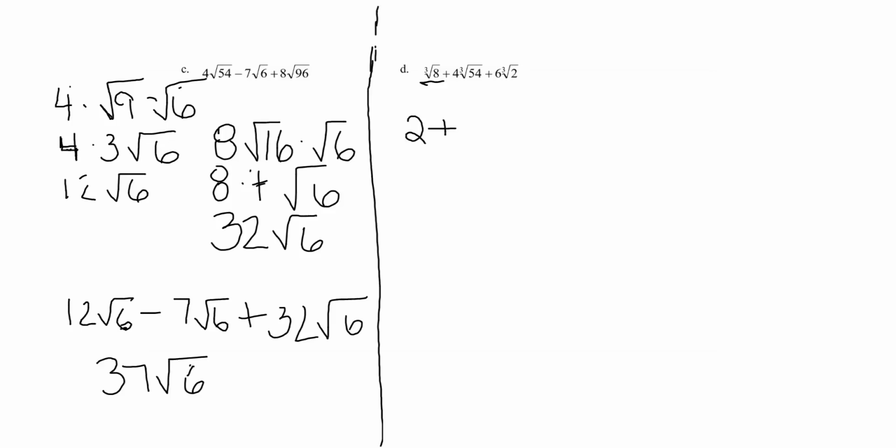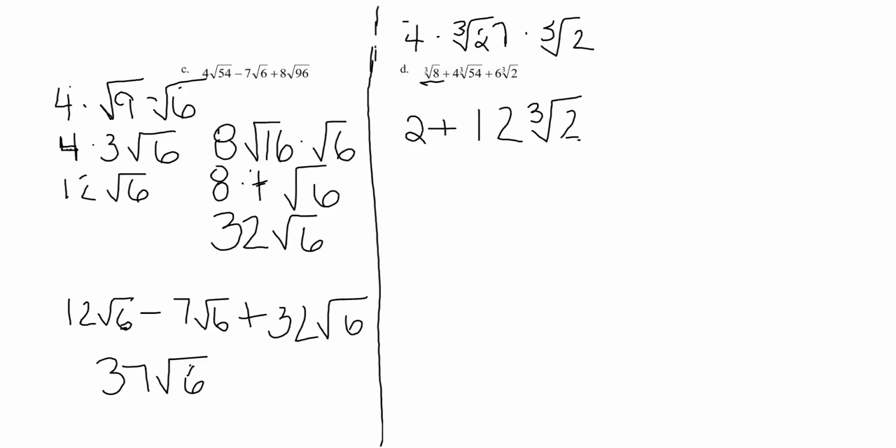So I'm going to simplify it up here. It would be 4 times the cube root of 27 times the cube root of 2. The cube root of 27 is 3. 4 times 3 is 12, so we have 12 cube root of 2.